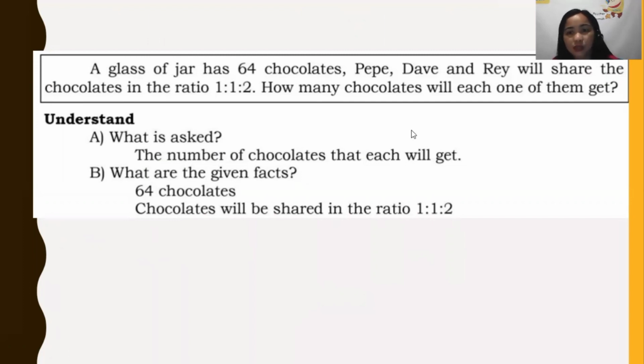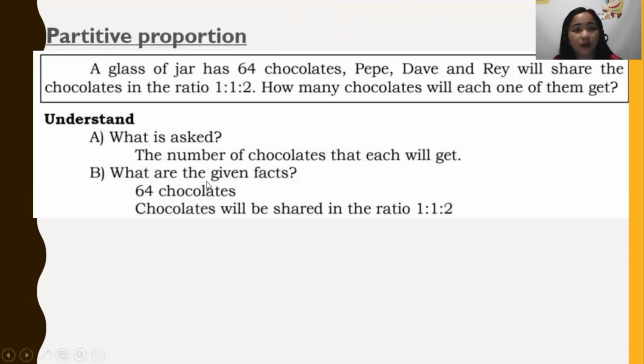How many chocolates will each of them get? Now, let's understand what is asked in this problem. The number of chocolates that each will get. And what are the given facts? The total number of chocolates is 64 and the ratio is 1 is to 1 is to 2.